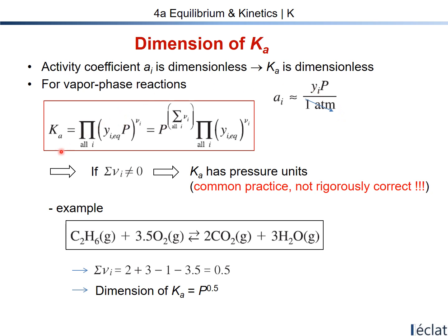So the equilibrium constant of activity is the product of the partial pressure to the stoichiometric coefficient.